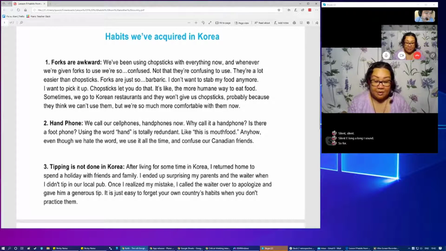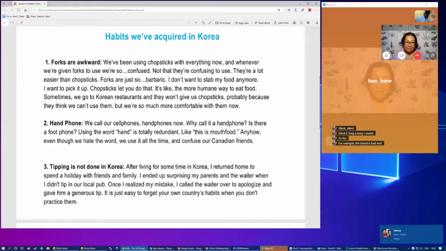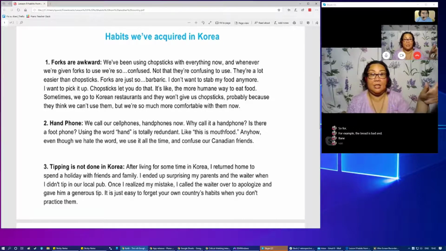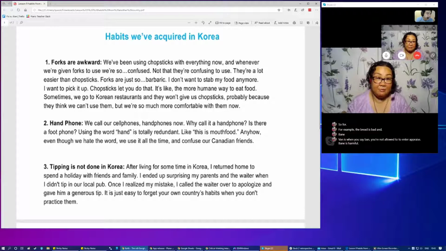For example, the word is ban and bane. When you say ban, you're not allowed to enter a place. Bane means harmful.